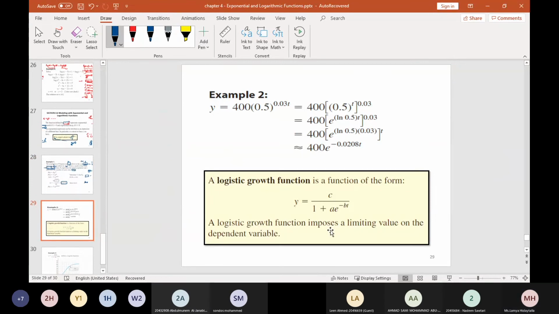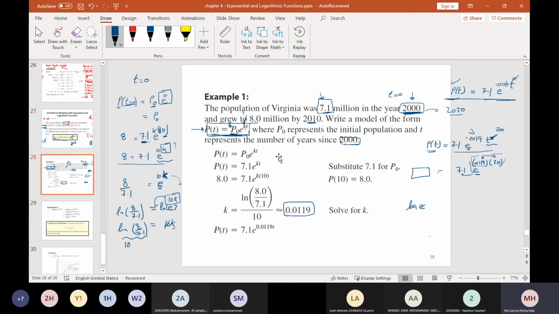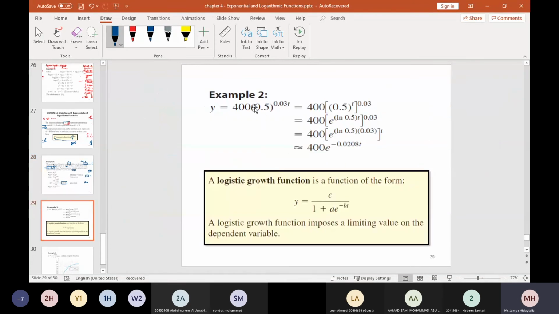Now, this is an example. If we have, again, an exponential function, actually in the same form as before, P naught e raised to the power kt.